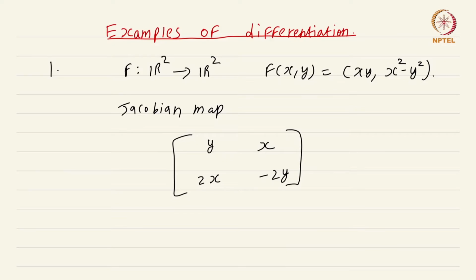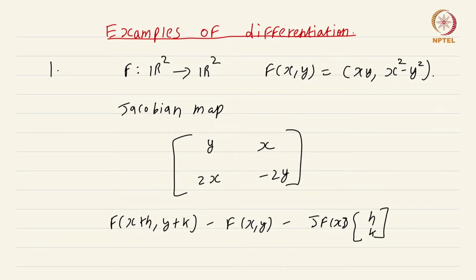Let's now take it a bit further and actually try to compute the error term. So the error term is going to be given by f of (x plus h, y plus k) minus f of (x, y) minus this Jacobian matrix at (x, y) acting on the column vector (h, k).